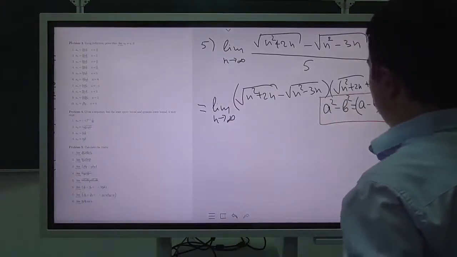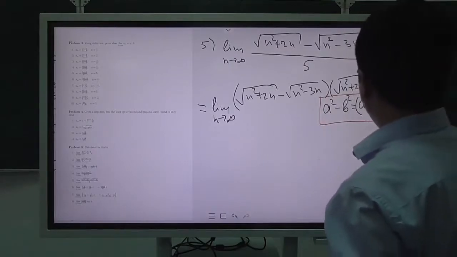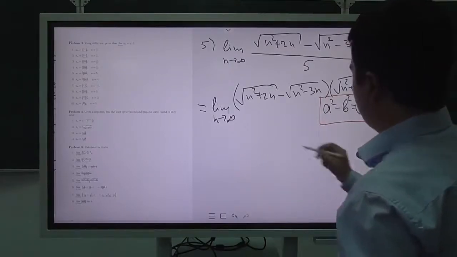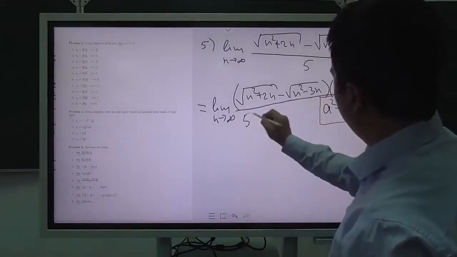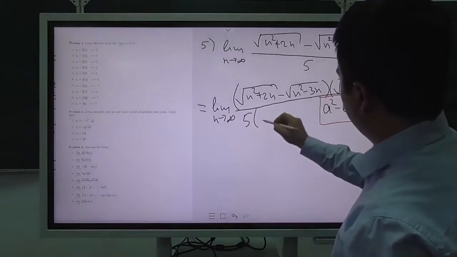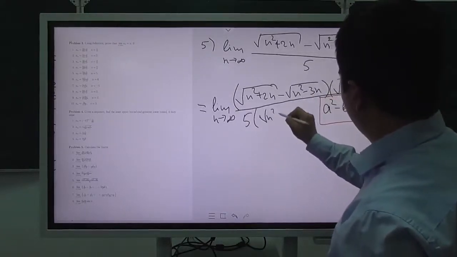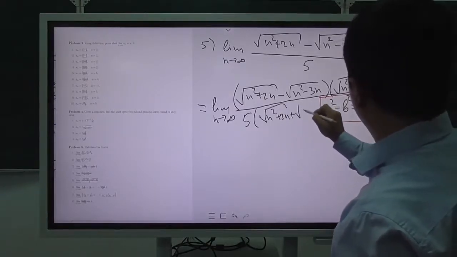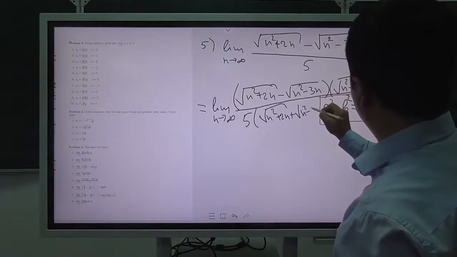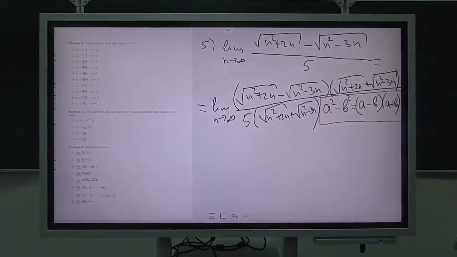This is the formula. Okay, and divide by 5 times this one, this plus, yeah? So square root of n squared plus 2n plus square root of n squared minus 3n. So now let's continue.